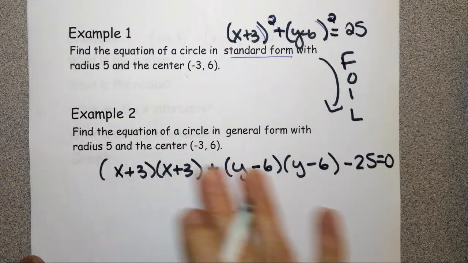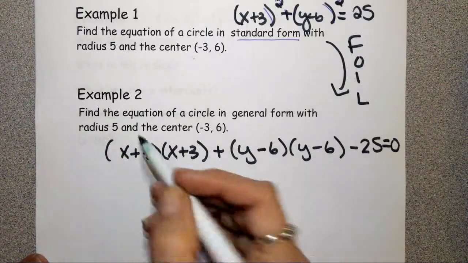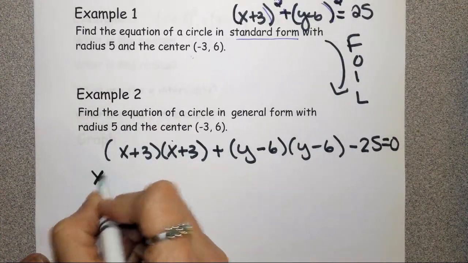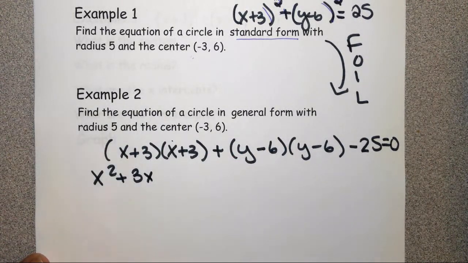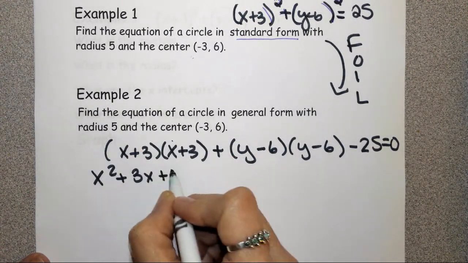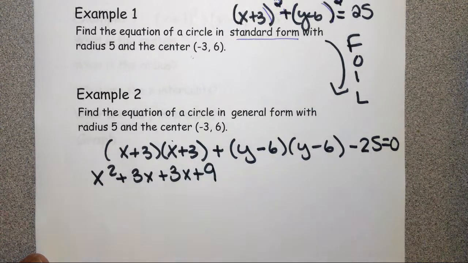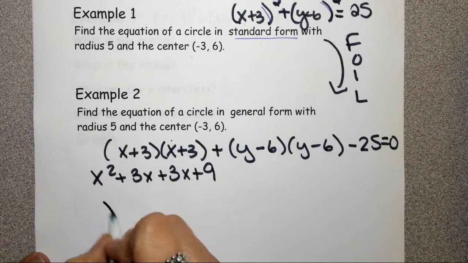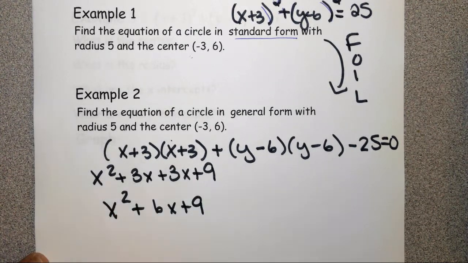So I have to FOIL and combine like terms. If I were to FOIL this, what's x times x? X squared. X times 3? 3x. 3 times x? 3x again. And 3 times 3? 9. I'm going to combine like terms, and I get x squared plus 6x plus 9.